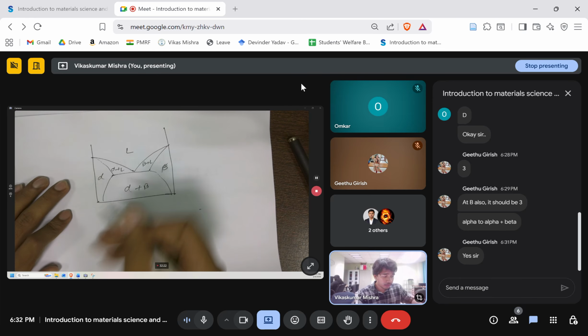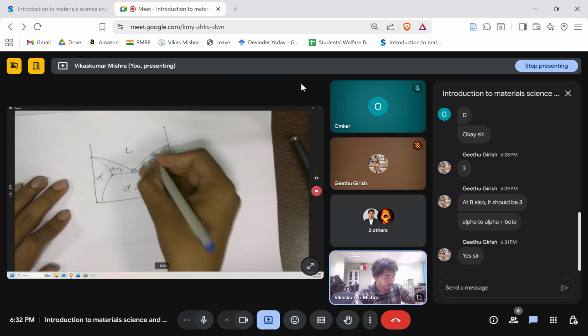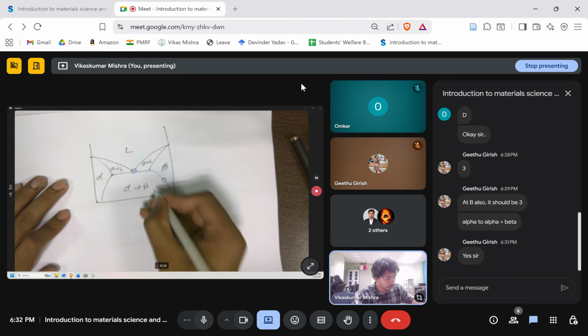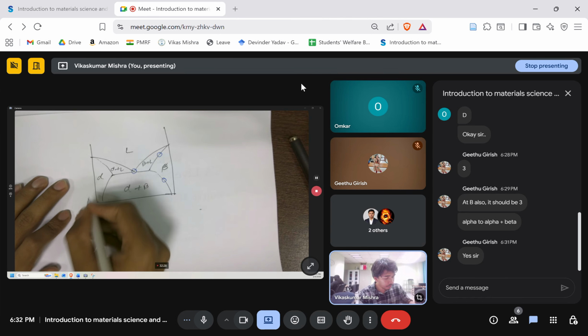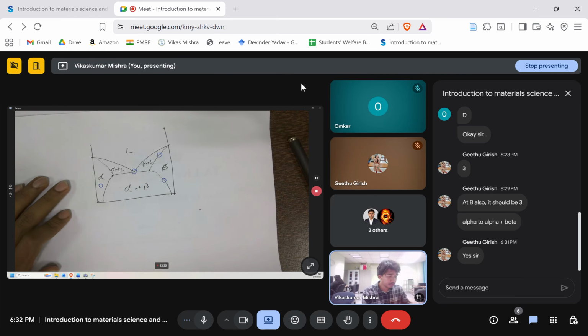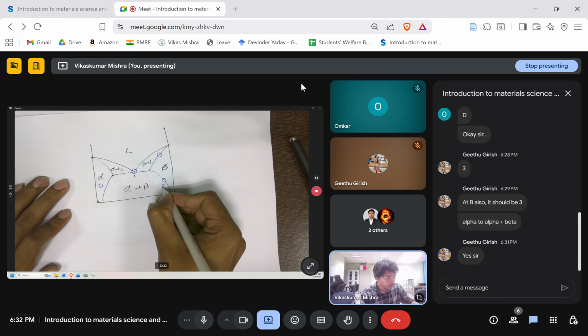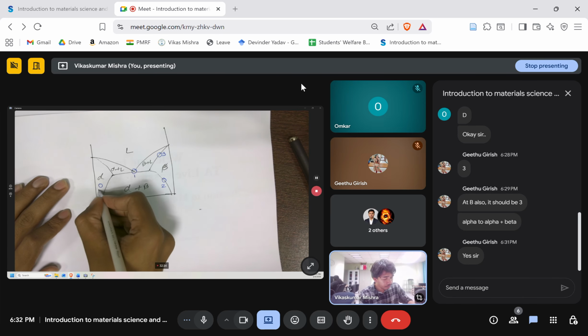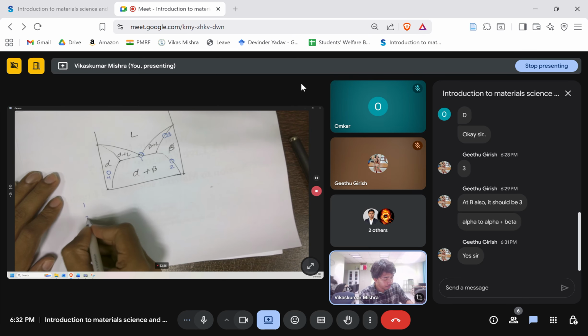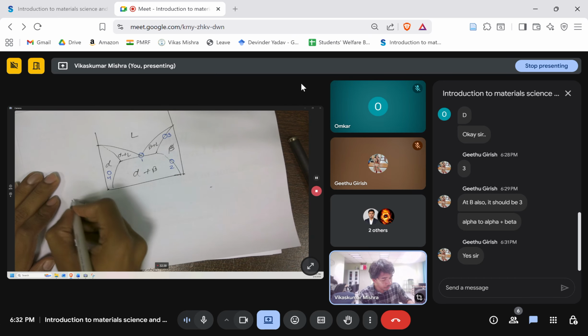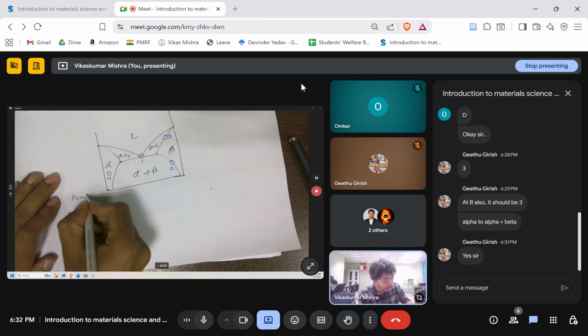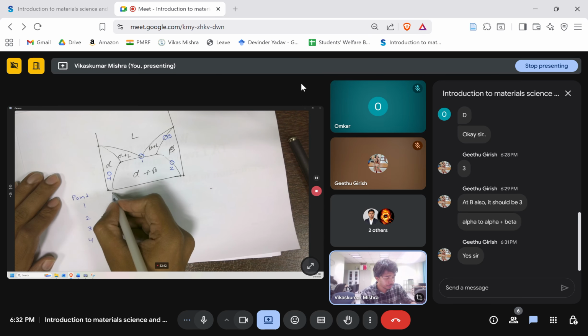Let me mark the points. 1, 2, 3, 4. These are the points at which we want to find the number of phases at the equilibrium.